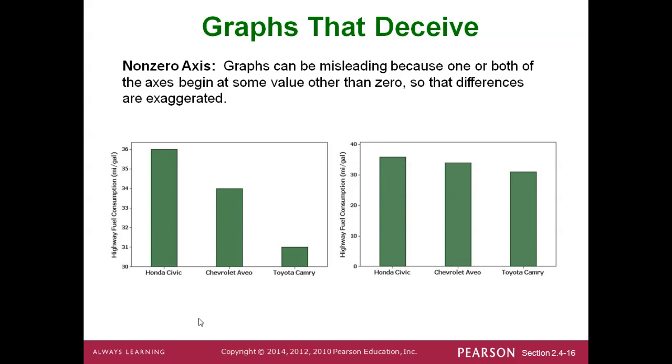The Camry's at 31. That's not much in the grand scheme of things. Definitely not much between the Chevy Aveo there. When you look at it with a 0 axis, it really makes it obvious that there's not much difference in the long run.